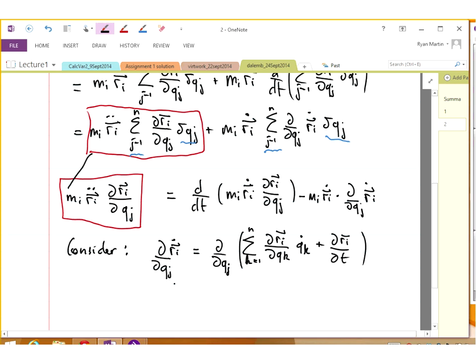I just used the definition of ri dot, right? Recall that ri dot is equal to partial ri by partial q1 dot, plus partial ri by partial q2 dot, plus etc., up to the qn term, and then the last term was a partial r by partial t term. All right, that's all I did when I expanded my ri dot here.